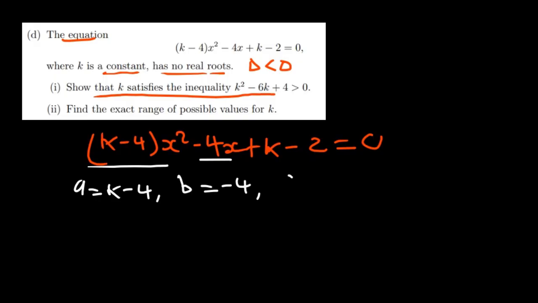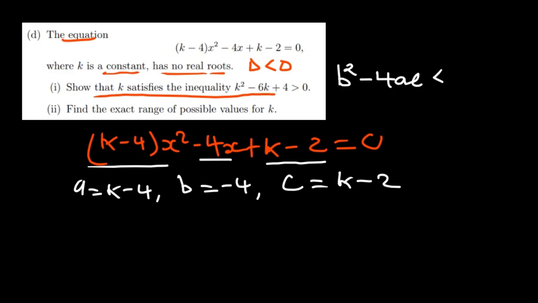And our value of c is everything that does not have x, so k minus 2. We've been told that this quadratic equation does not have real roots, so the discriminant is less than 0. We know the discriminant is given by b squared minus 4ac. So this discriminant here should be less than 0.